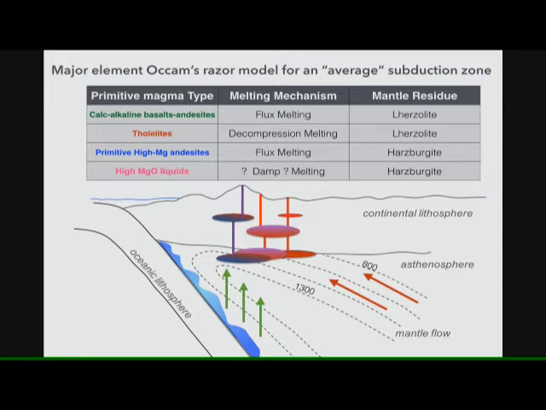Yes, there are probably some places where we have sediment melting and oceanic crust melting. And yes, we probably have places where we have changes in extent of melting because of changes in water fluxes. But as an average integrated, simplest explanation, this is one.